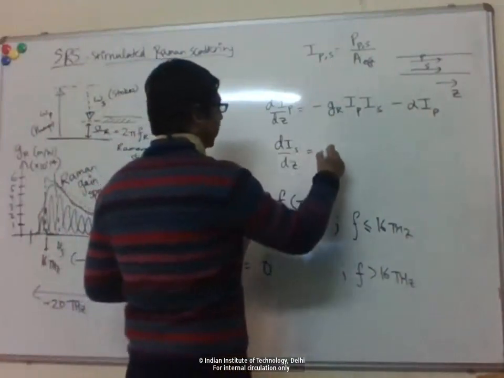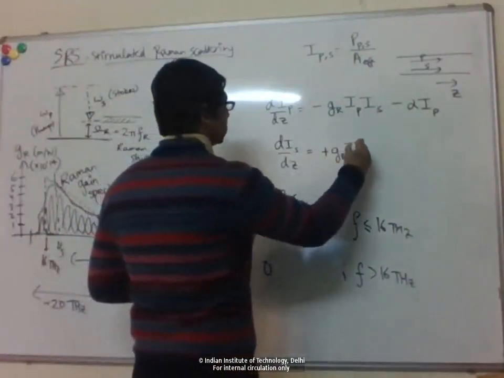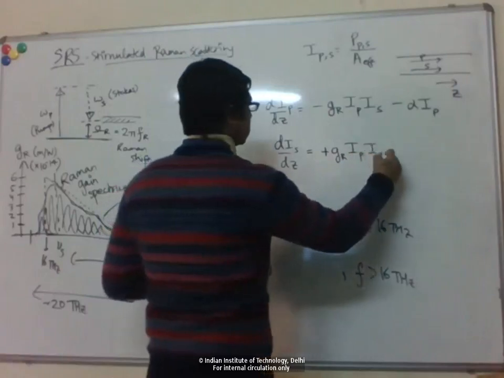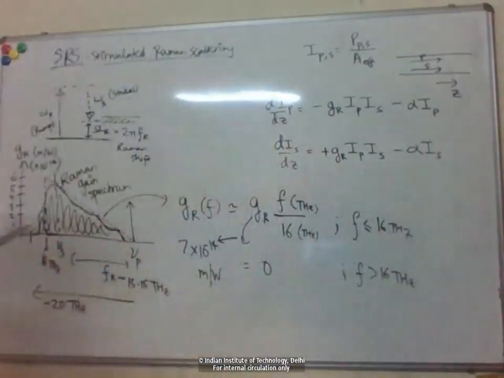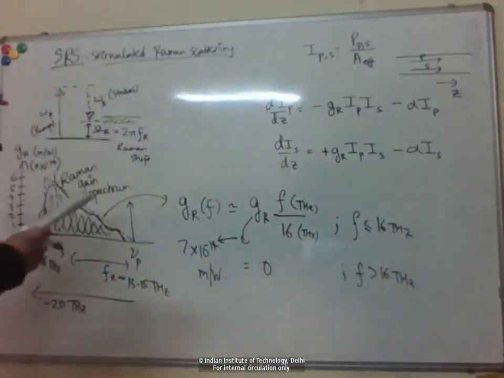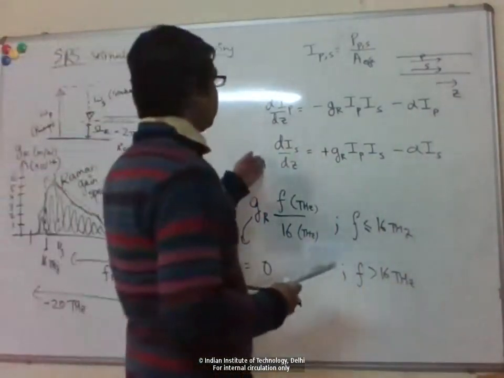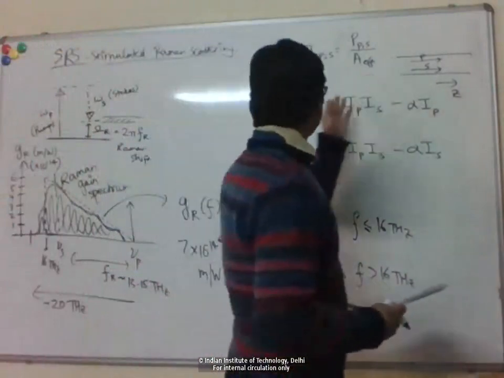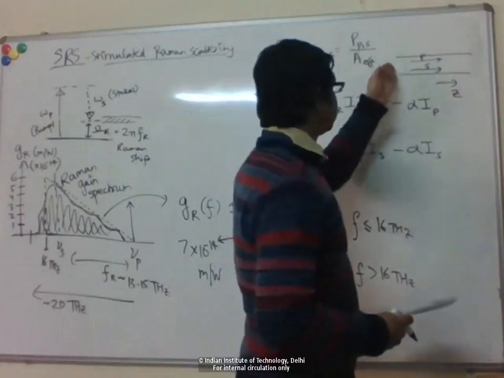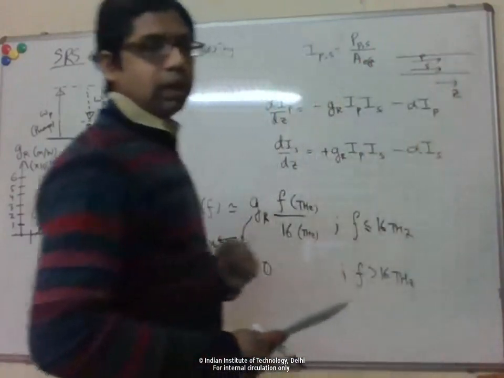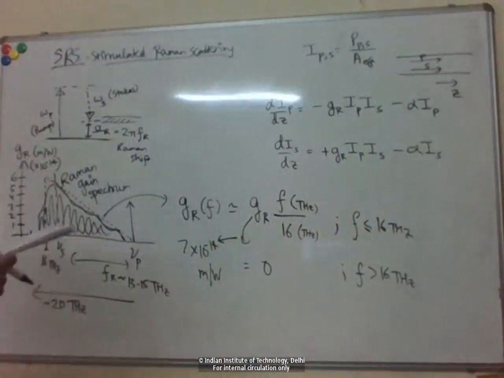And so now for the Stokes, it's a gain, so this is plus. And you could again include linear loss. Right, so again you can try to solve these propagation equations starting from z equal to 0 for some particular input pump power and some Stokes power, and then see how they evolve.